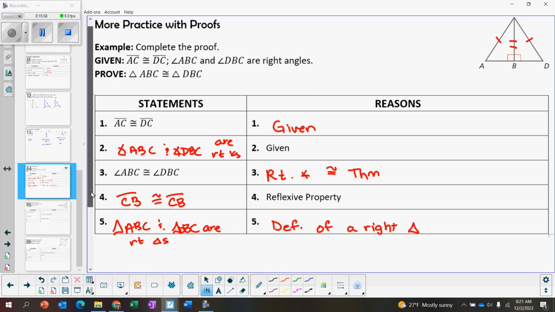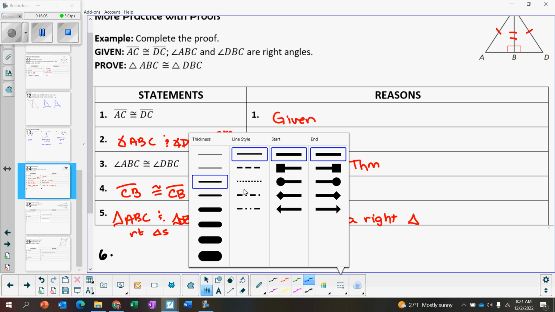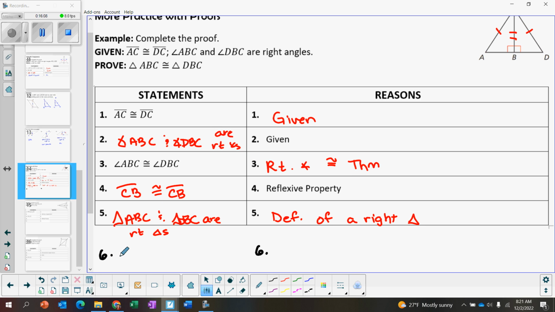And now in my next step, I can say triangle ABC is congruent to triangle ABC, and that is by HL.